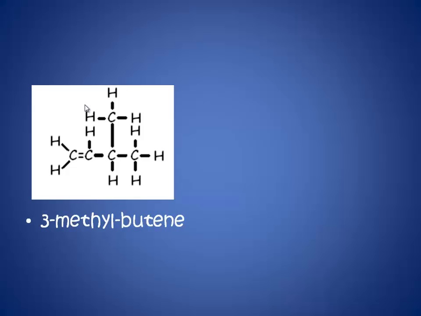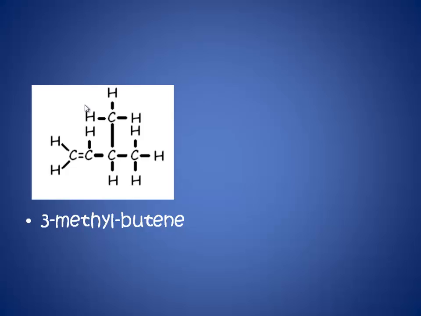We have more examples. For example, 3-methylbutene. We have the 4 carbons, the 3-methyl, the 3 in the carbon 3, and the methyl, and the butene because it has 4 carbons.